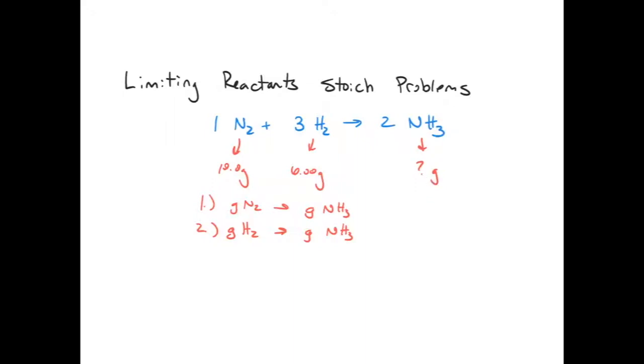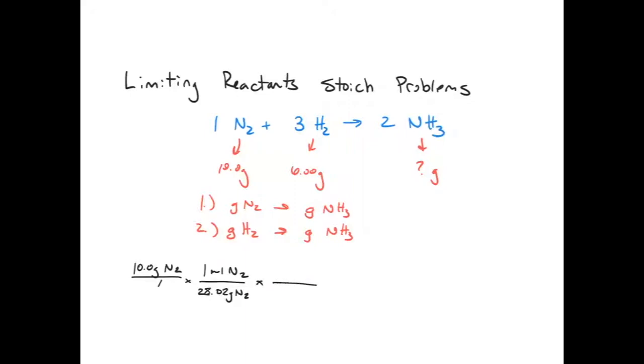So let's go ahead and do that. Let's take and solve 10 grams of N2 for NH3 and 6 grams of H2 for grams of NH3. So I'm going to start with 10.0 grams of N2, and we've done a number of these already, so this can go fairly quickly. You're going to go from grams of N2 to moles of N2. So the molar mass of N2 is 28.02 grams of N2 for every 1 mole.